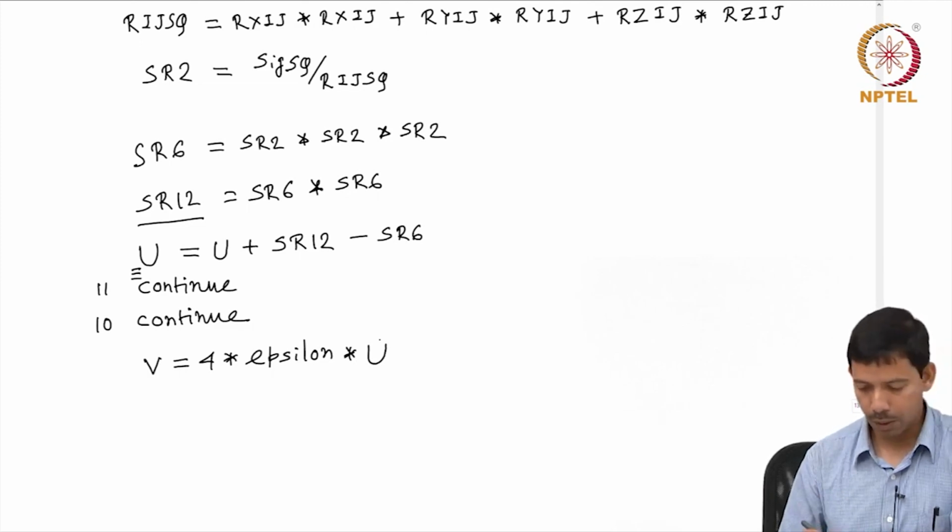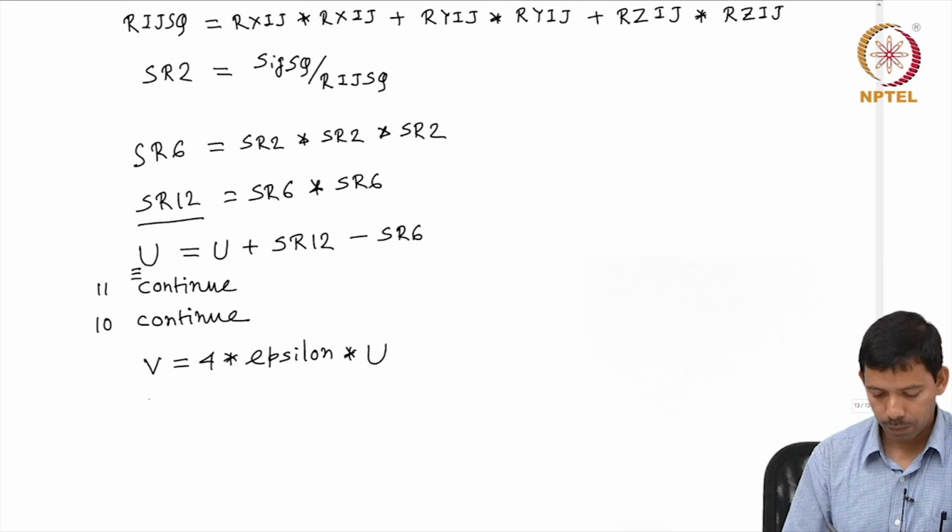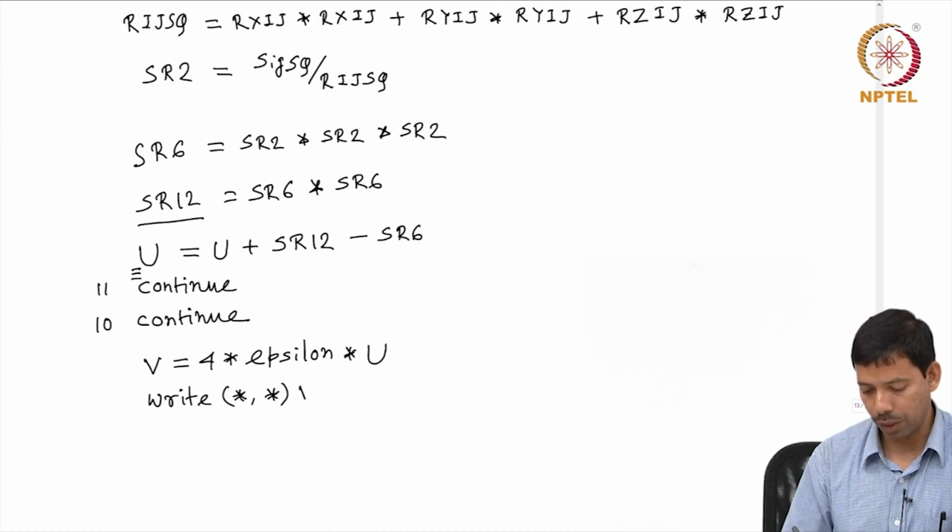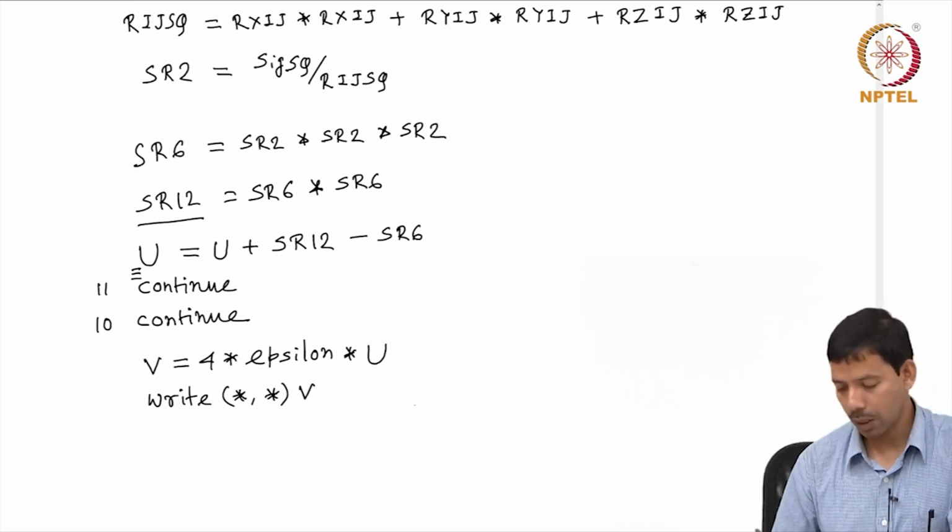So this will be the final Lennard-Jones potential, which I can write on the screen as V. Then I have two more steps, stop and then end.